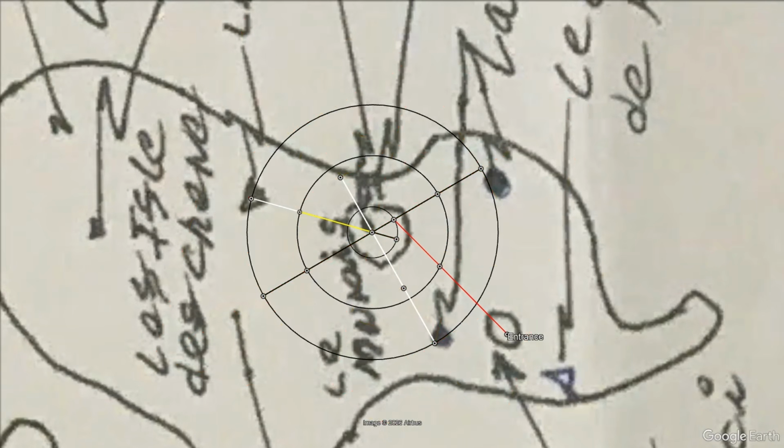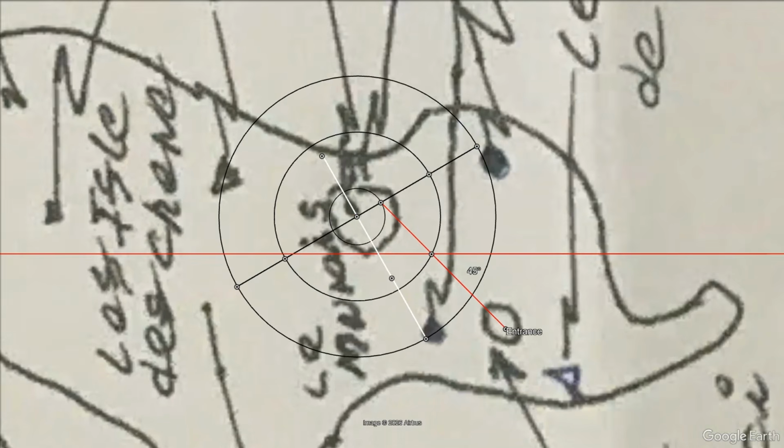So now we're going to take away the lattice and we're going to restore the east-west line. And if you notice, it goes right through the point called La Hamp, which was the center of the quadrant. So let's remove our parallel transfer line.